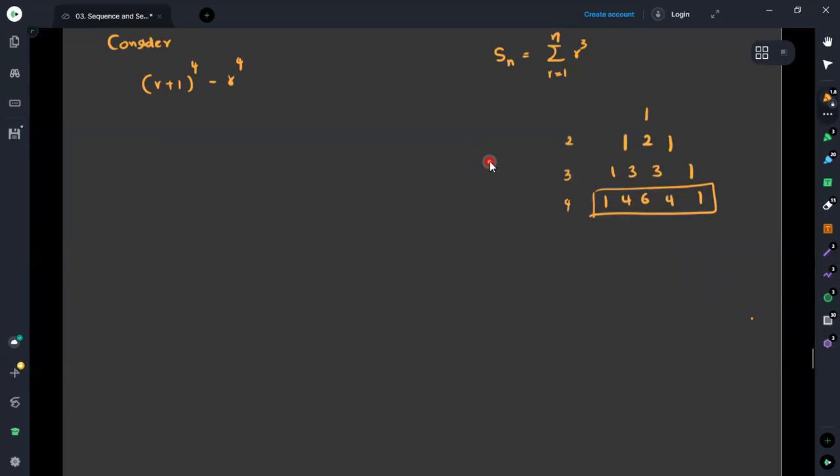Here, for the power 4, we directly use the digits obtained from the Pascal triangle: 1 4 6 4 and 1.